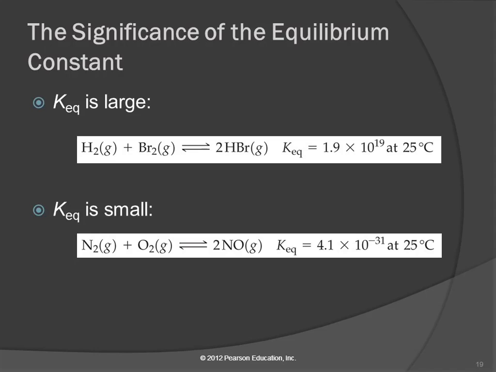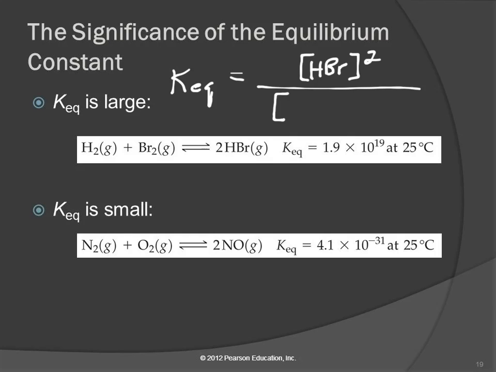Well, what is the equilibrium expression for this first equation? KEQ is going to equal what? HBr, and the 2 becomes the exponent, right? And then down in the bottom, what do we have down here? H2 and Br2. Any exponents on those? They're 1s, so we don't have to write them.